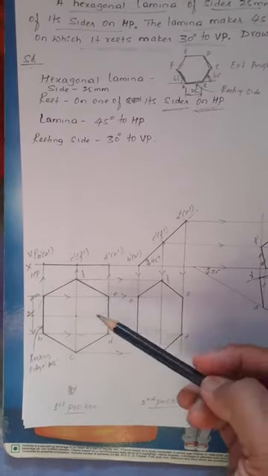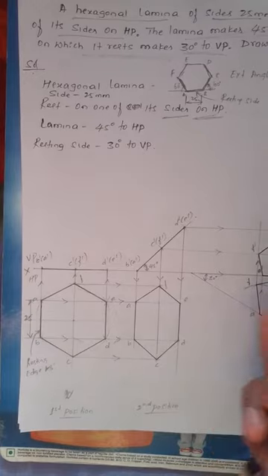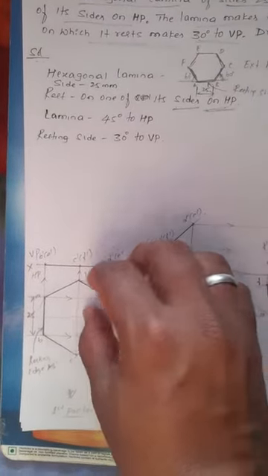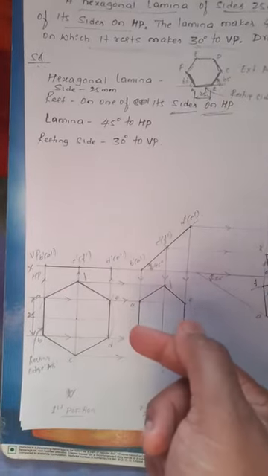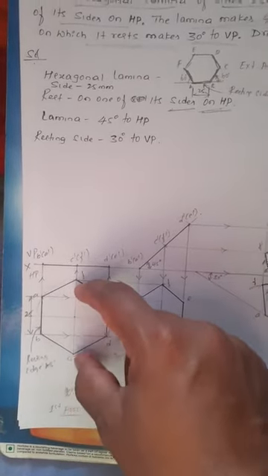Now how to construct this regular hexagonal lamina? As you know the side is 25 mm, take the compass, radius 25 mm, and draw a circular arc. After that, draw a vertical line from the center of the circle to where it meets the circumference.